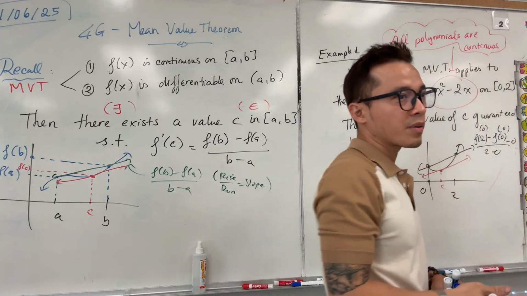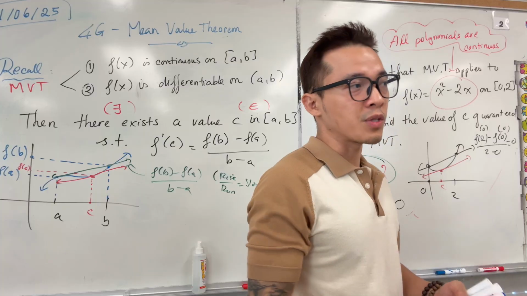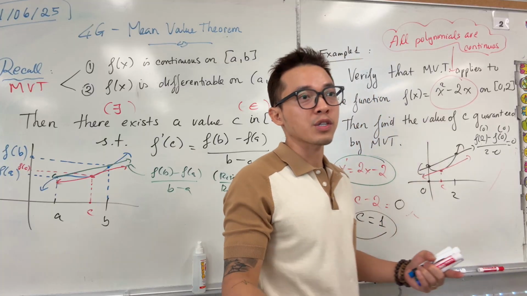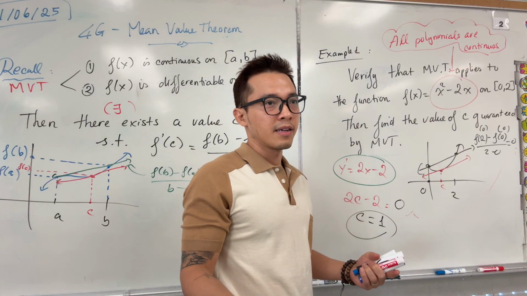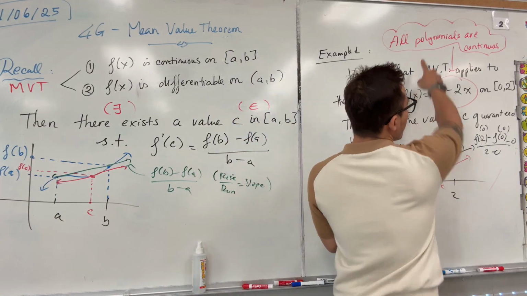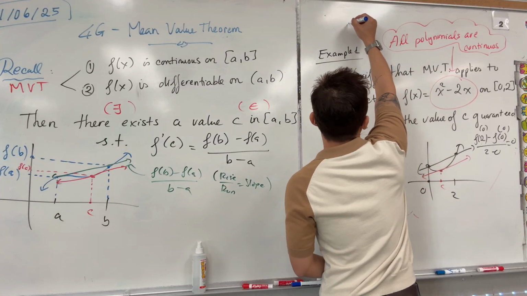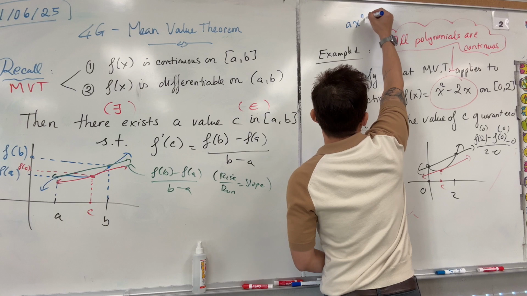What is a polynomial? It's multiple terms. Can we have a rational function? No. Okay. What does poly mean? Multi, right? So it's going to look like this.